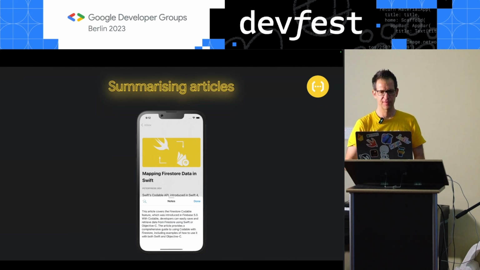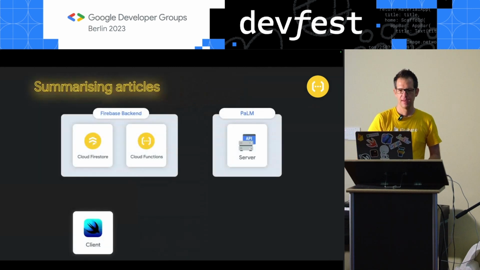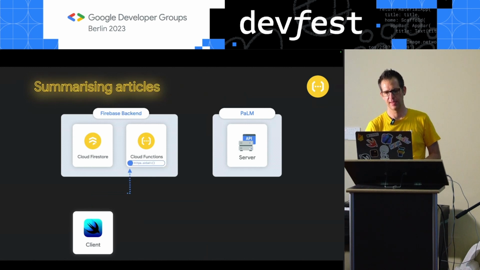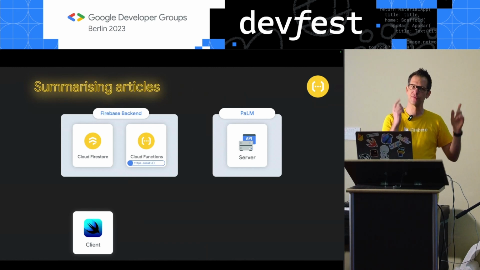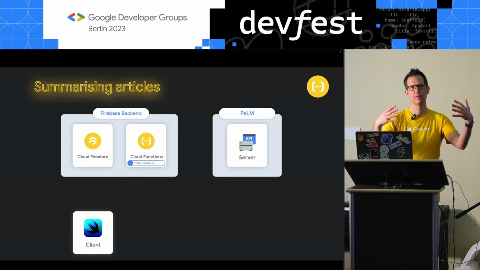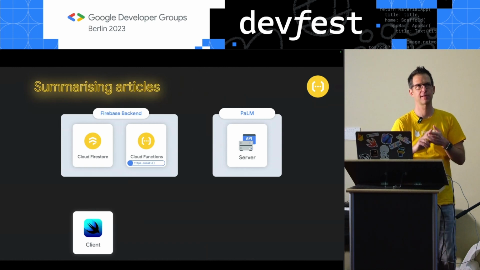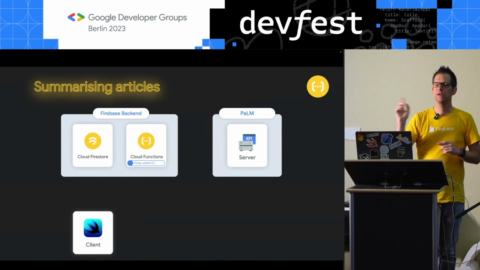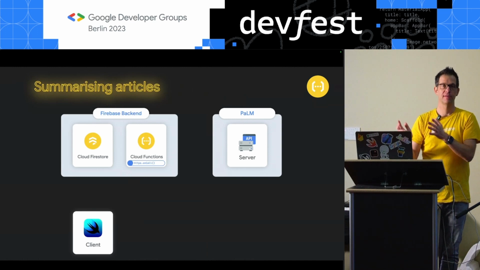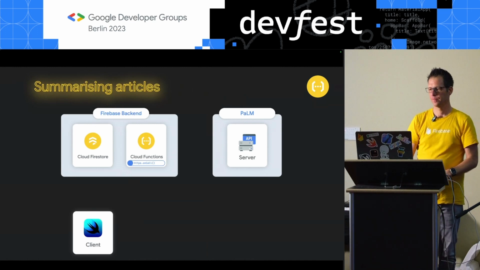So how is this implemented? Here is the architecture that you saw before, and now we want to do something differently. Instead of talking to the database, we already have the article in the UI. So we can now go to a Cloud function and tell that Cloud function, listen, here is an article. Please give me a summary of that article.